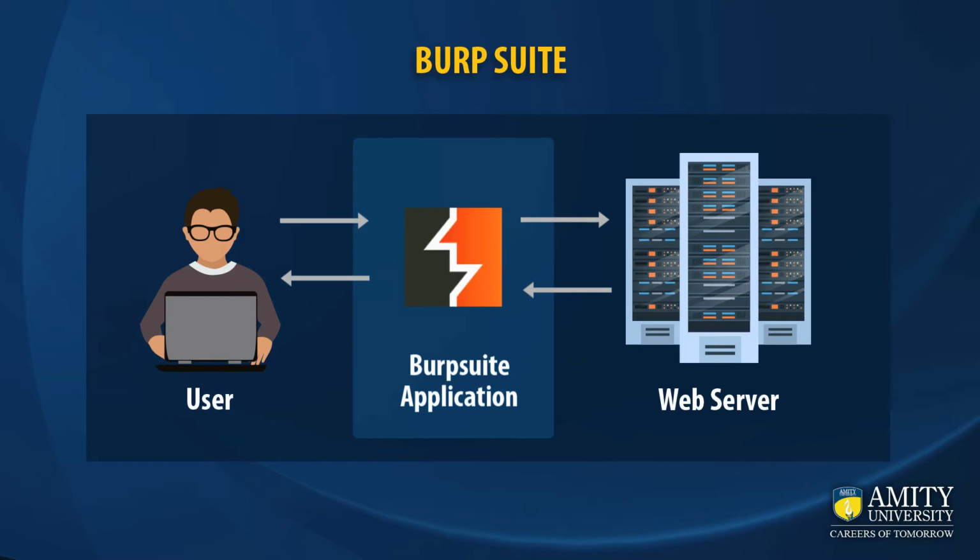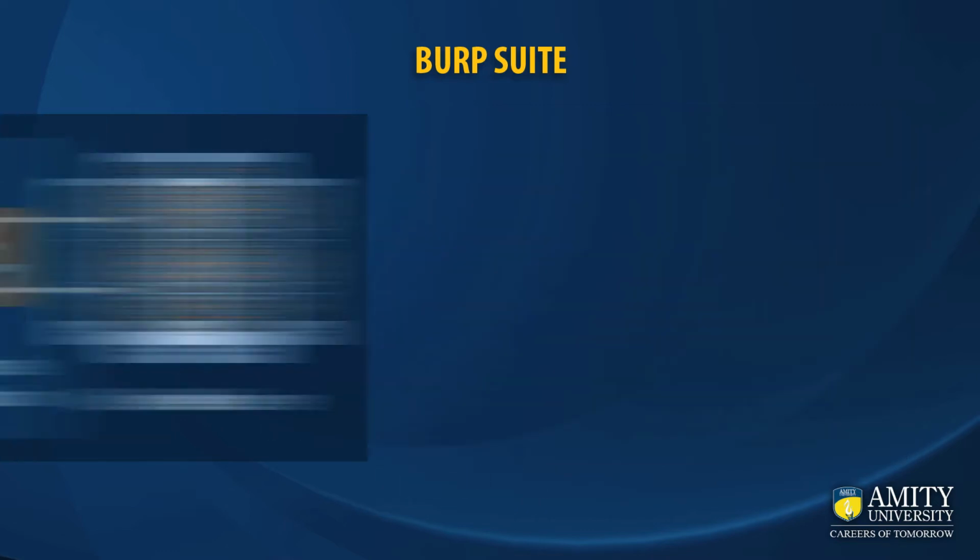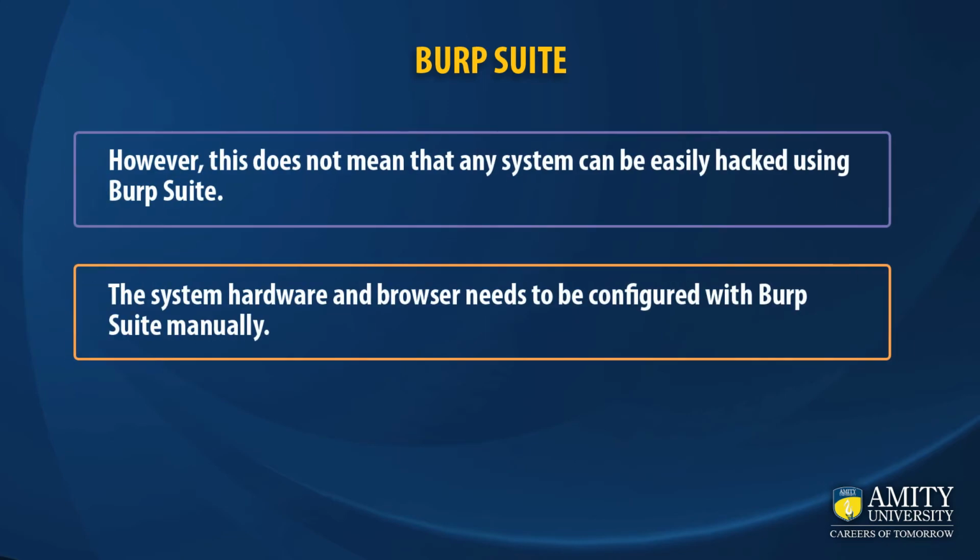But don't misunderstand that you have successfully hacked into someone's account when you are able to see the username and password, because you won't be able to see someone else's username and password. You are able to see that because you have configured your browser to send all the requests through a particular port number on which we have configured our Burp Suite to listen.